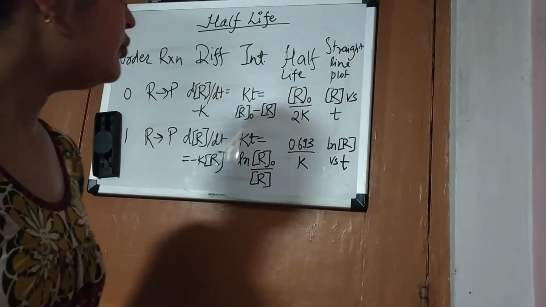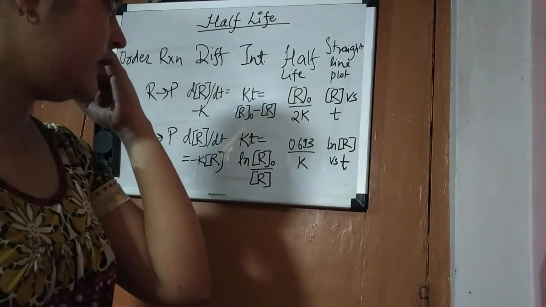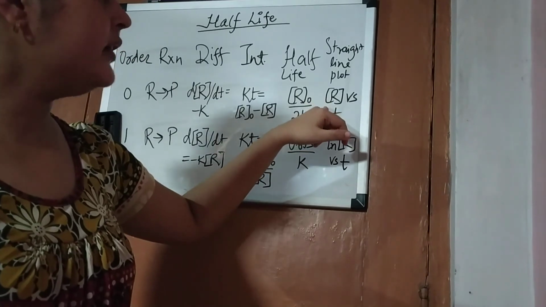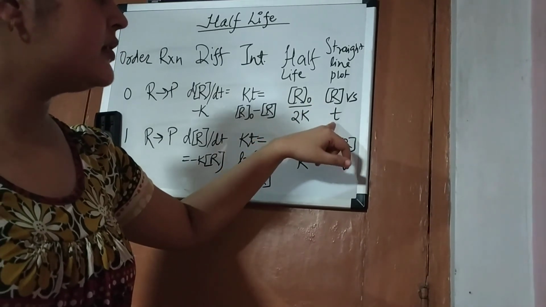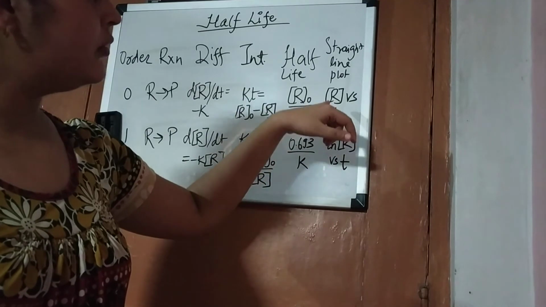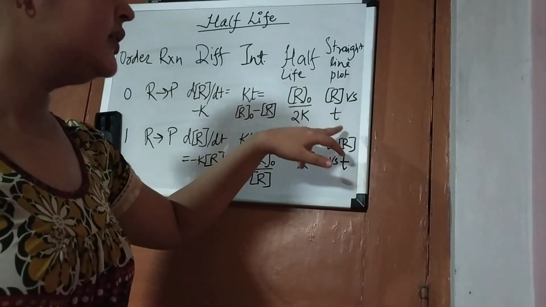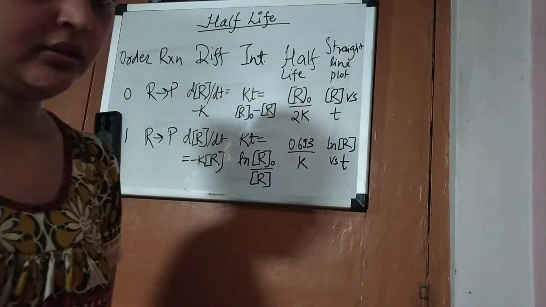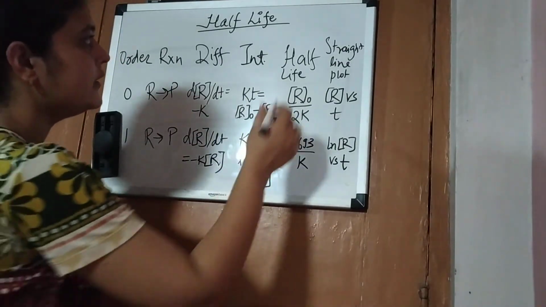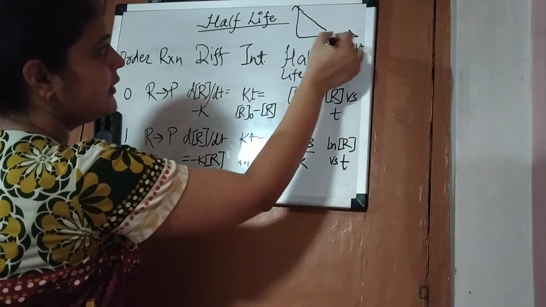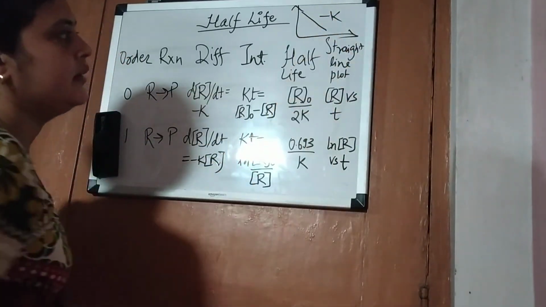Now the straight line plot for zero order reaction is when we draw the R concentration versus time plot, right? So concentration of reactant will be on the y-axis, time will be on the x-axis, and you will get a straight line like this, and its slope will be minus k, right?